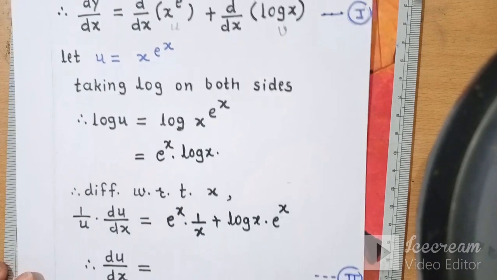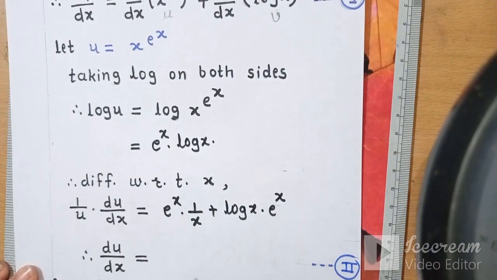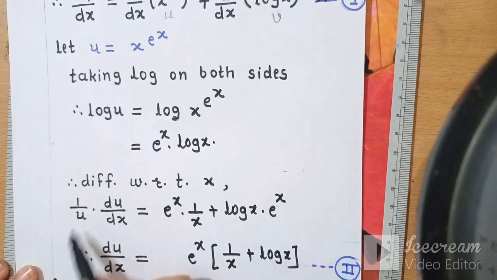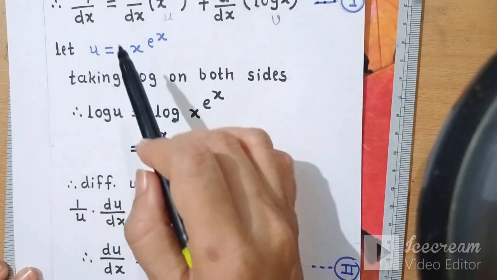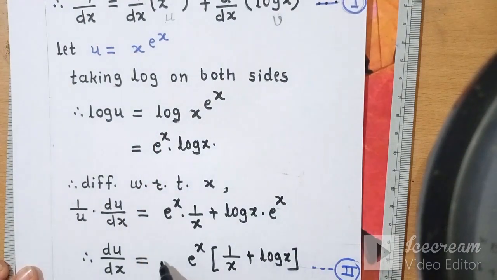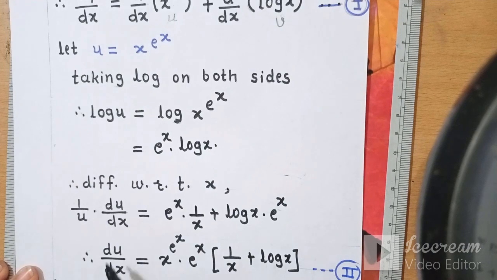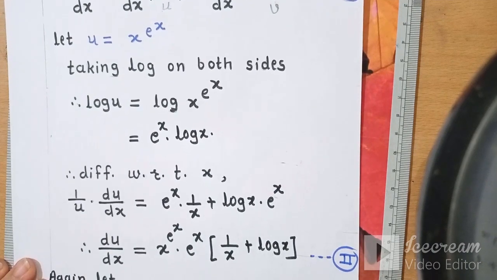Now in the next step, we will take e raised to x common. So here e raised to x in the bracket 1 upon x plus log of x, and we will shift this u to the right hand side, and u means what, x raised to e raised to x. So I am writing here x raised to e raised to x. This is du by dx.